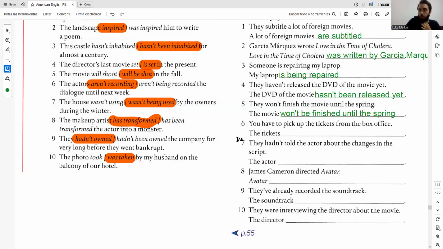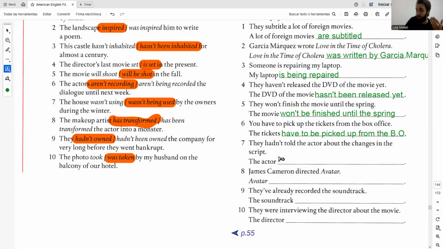Number six, you have to pick up the tickets from the box office. So first we check the tense. Have to pick up. So the tickets have to stays the same. Be picked up from the box. Number seven, they hadn't told the actor about the changes in the script.